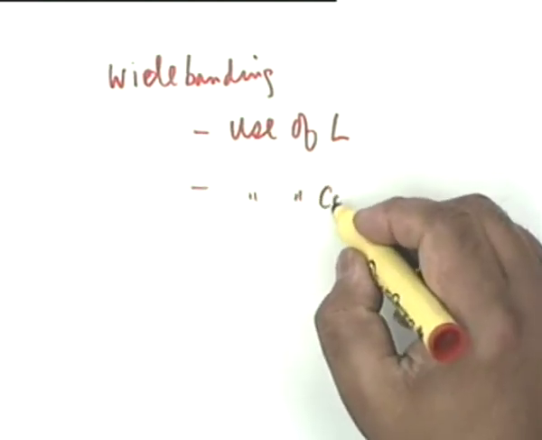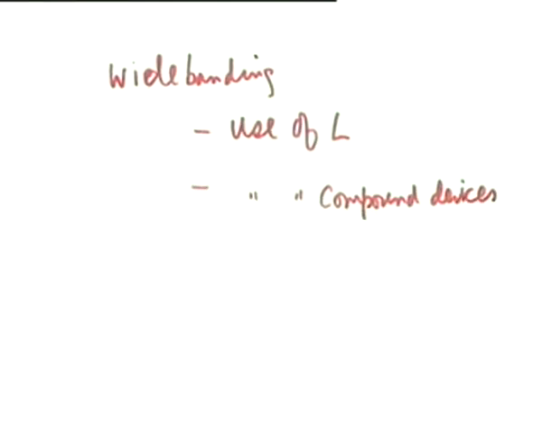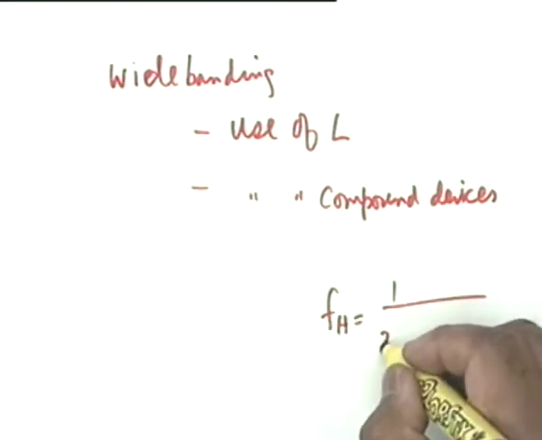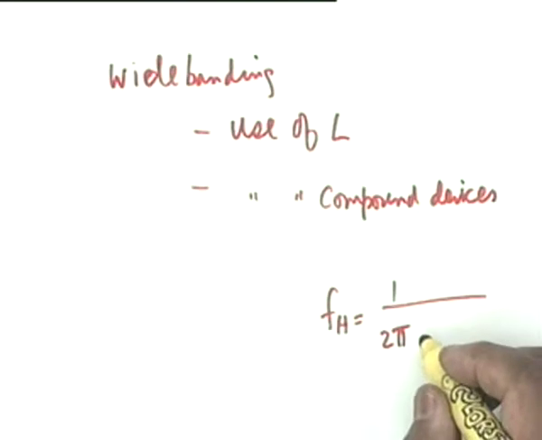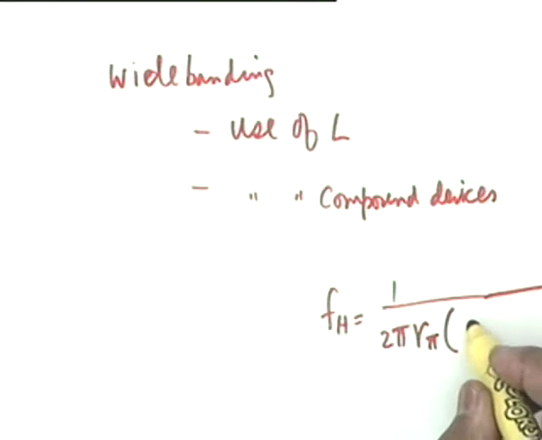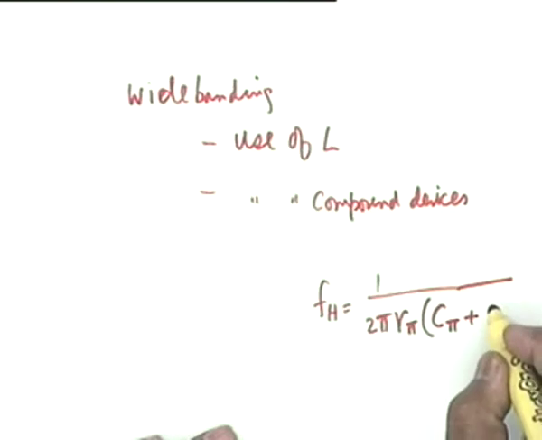Then use of compound devices, two examples of which we have already seen: the cascode, which is two transistors, and the cascade of CC/CB. Such compound devices work because they kill the Miller effect. Miller effect is the main problem in FH. How is FH determined? For a single transistor amplifier, FH is 1 over 2 pi times R pi multiplied by CT, that is the total, which is C pi plus Cm.